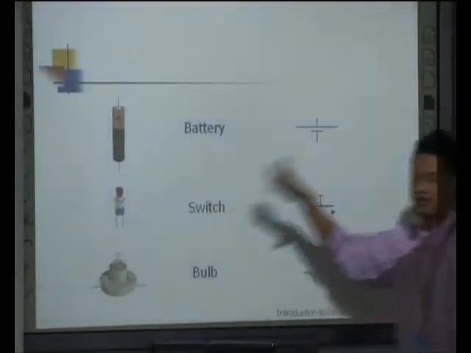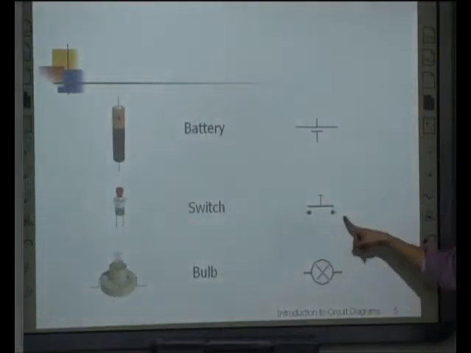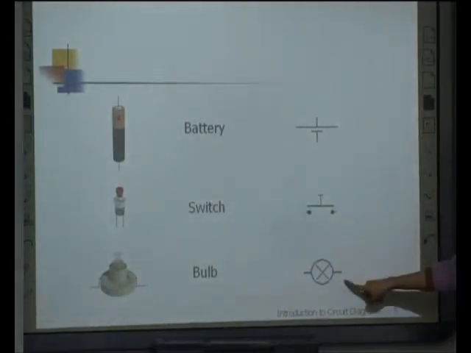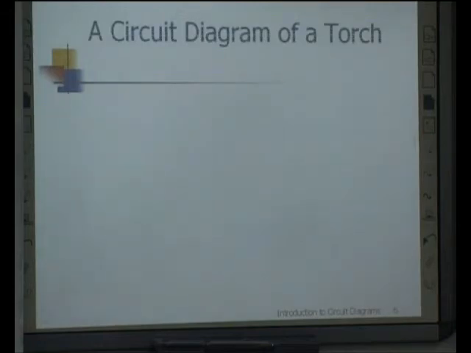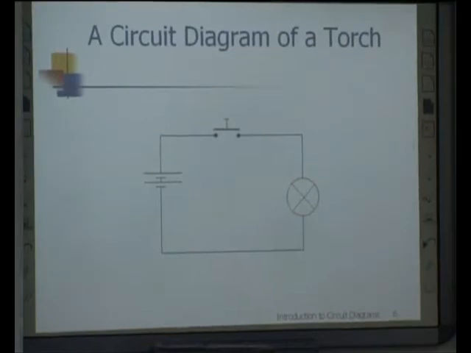The switch is really different here, as you can see. The bulb is the same. So if we're going to draw the circuit diagram, it will look like this one.